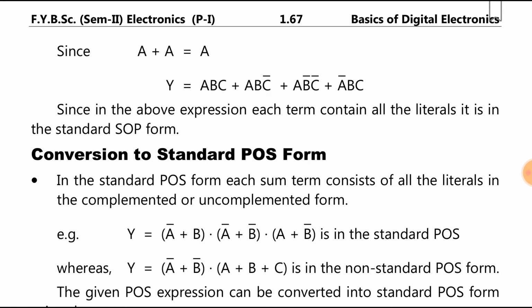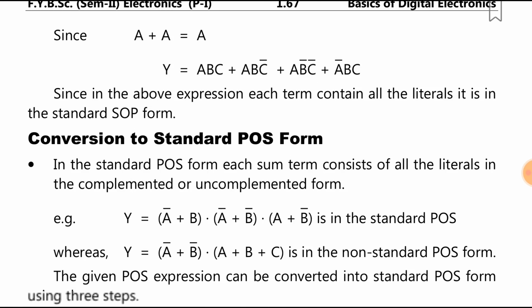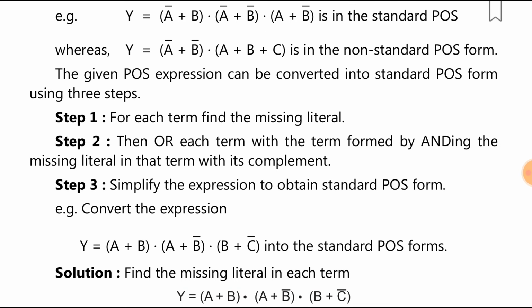Now conversion to standard POS form. In the standard POS form, each sum term consists of all the literals in the complemented or uncomplemented form. For example, Y = (A bar + B)(A bar + B bar)(A + B bar) is standard POS, whereas Y = (A bar + B bar)(A + B + C) is not standard POS.